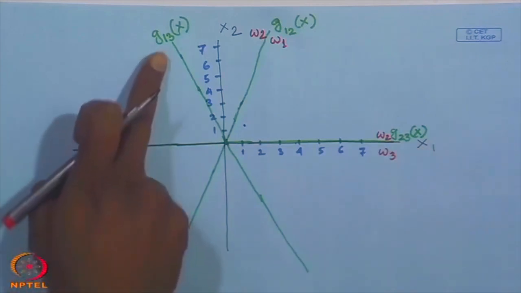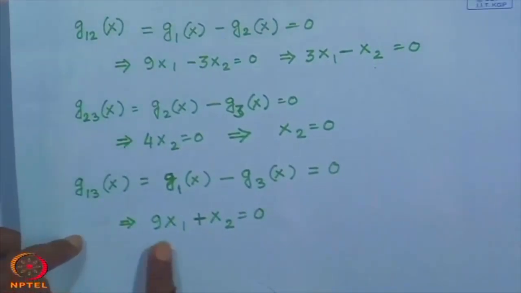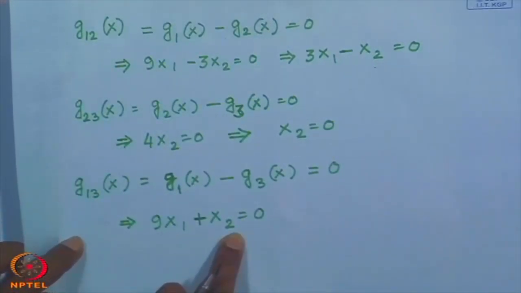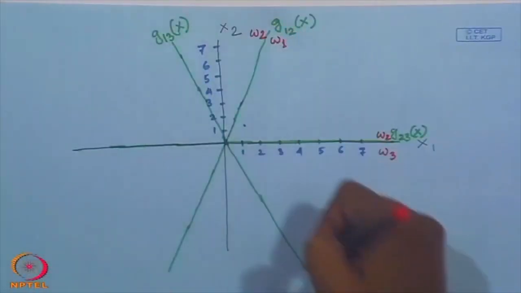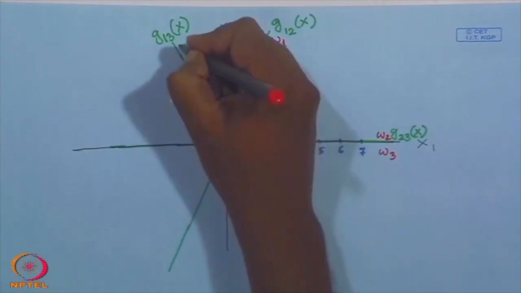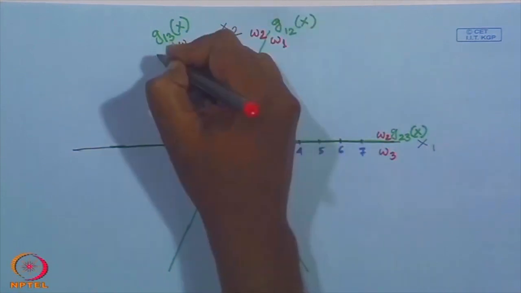Similarly, when you consider this g 1 3 x, you find that g 1 3 x is nothing but 9 x 1 plus x 2. So, if I set x 1 equal to 1, x 2 equal to 1, this is nothing but 10, which is positive. So, coming to this g 1 3 x, this side of the decision boundary gives me class omega 1 and this side gives me class omega 3.